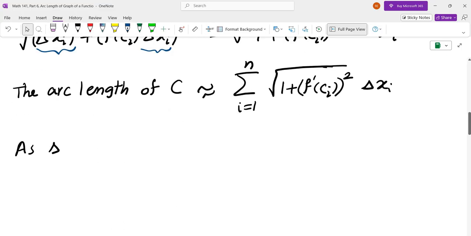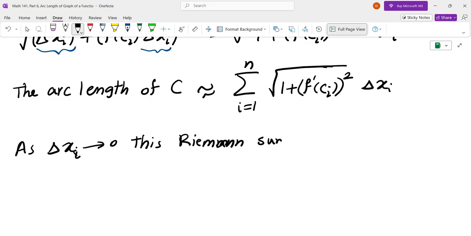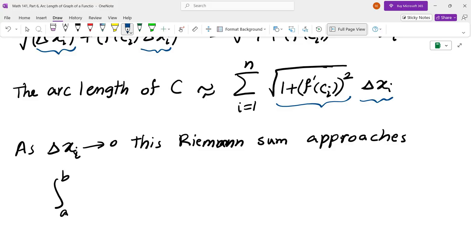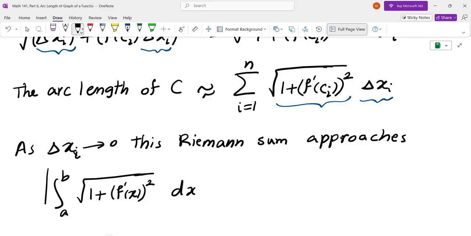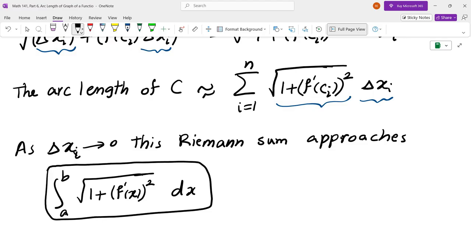Therefore, as delta xi approaches 0, this Riemann sum approaches the integral from a to b. The integrand is this function, and delta xi turns into dx. So that gives us the square root of 1 plus f prime of x squared dx. So this is the length of the arc C from a to b.